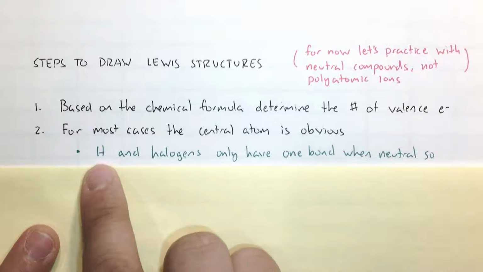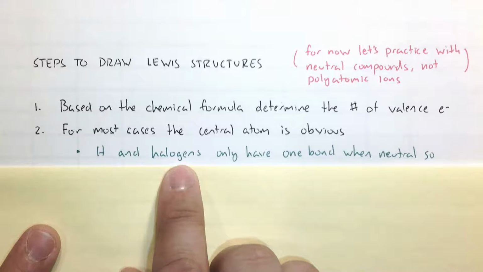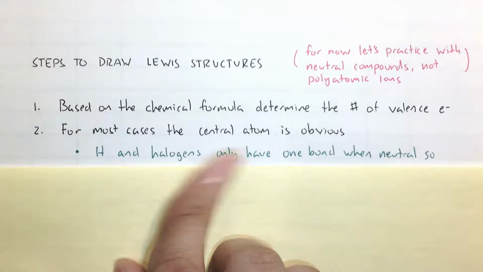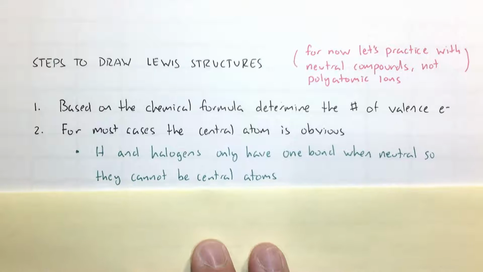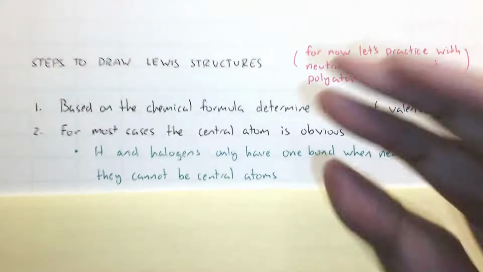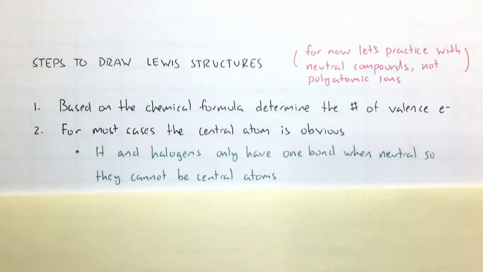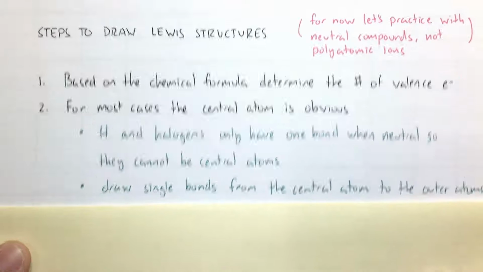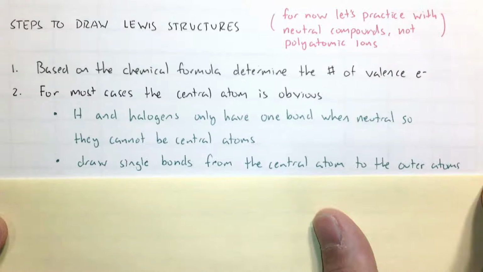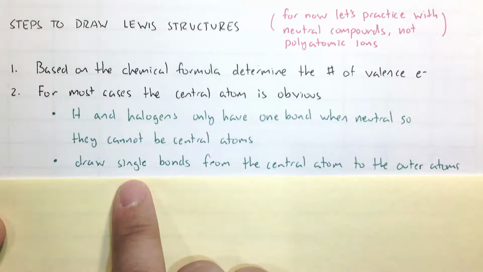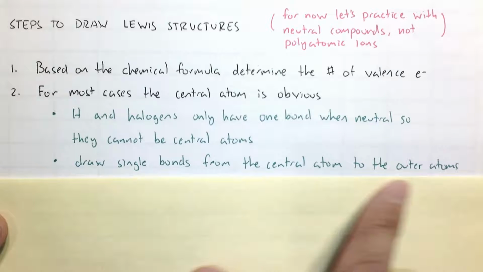First of all, hydrogen and halogens only have one bond when they're neutral, so they cannot be central atoms. Central atoms are the atoms in the middle that have several single, double, or triple bonds around them to the neighboring atoms. Once you think you have the central atom, you're going to draw that central atom, and then you're going to draw single bonds from that central atom to the outer atoms.